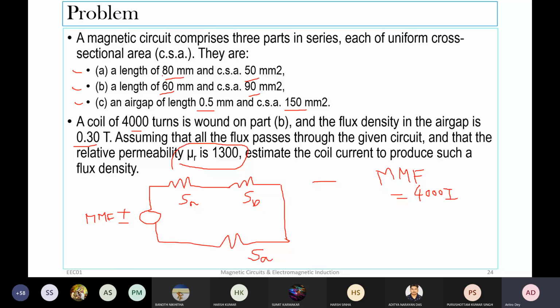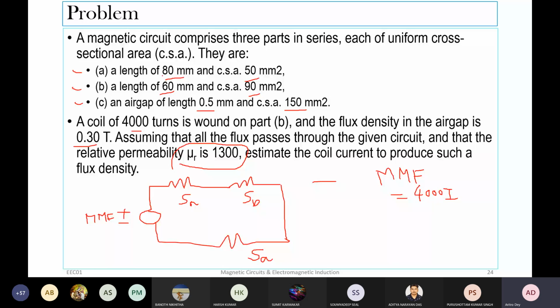So all these three ampere turns, which is the effective mmf required, will add up. And for that we have I into N, that is your mmf, and N is the number of turns which is given, which is 4000. So what is the current I required?